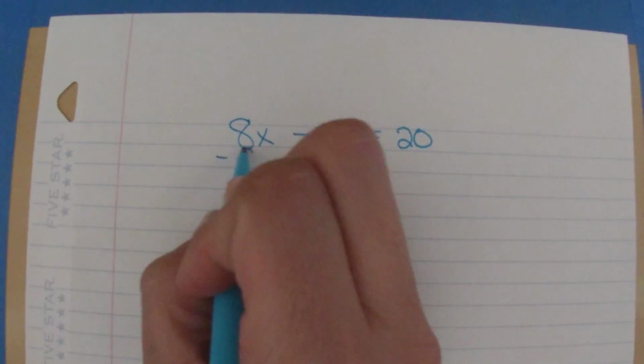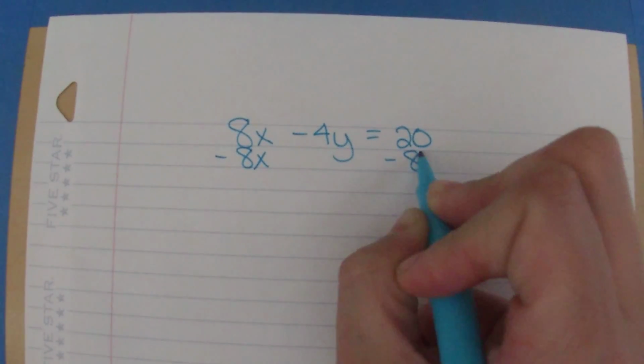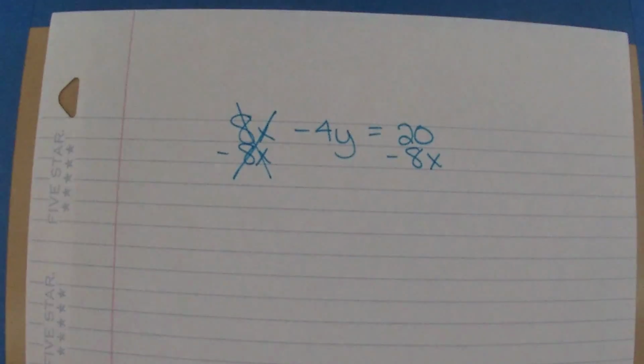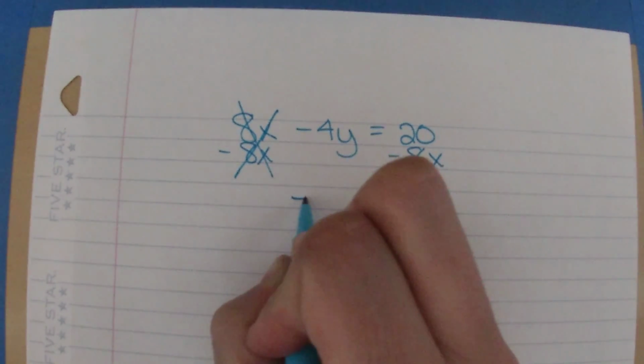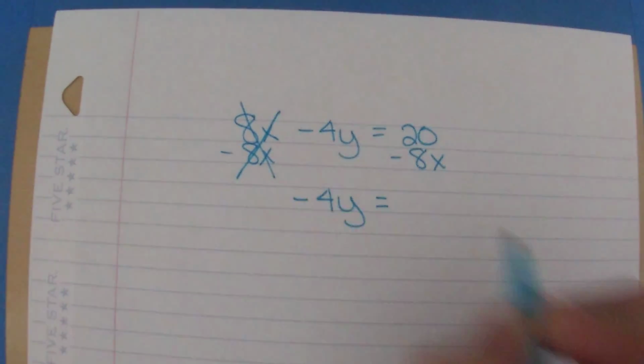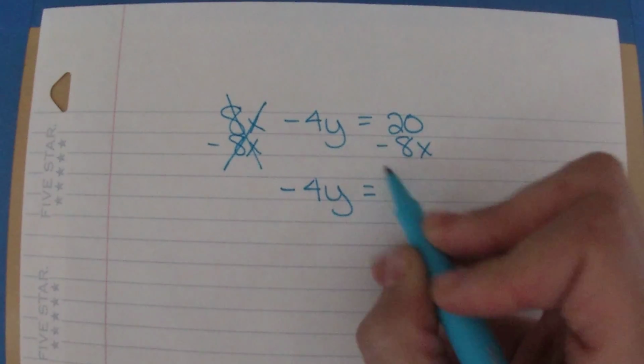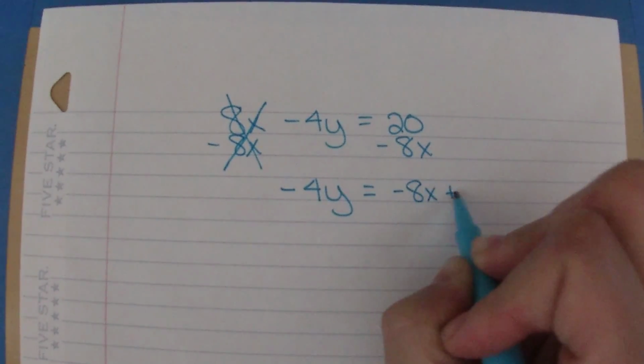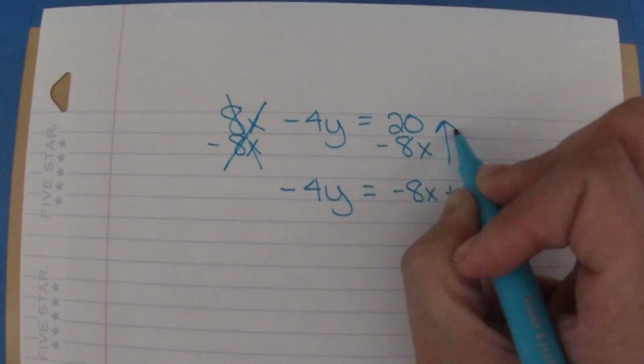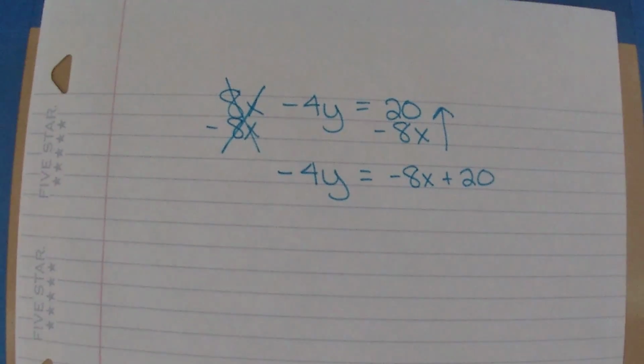So it's a positive 8x, so we subtract 8x once on each side of the equal sign. Over here on the left, we are left with a negative 4y. Over here on the right, we have a negative 8x plus 20, because remember, we want the x first and the b second.